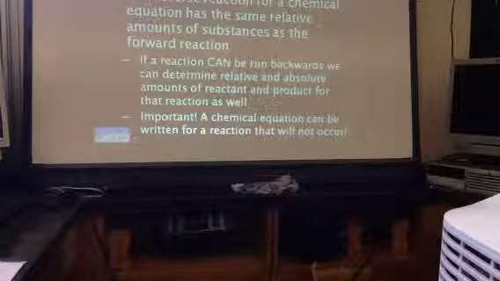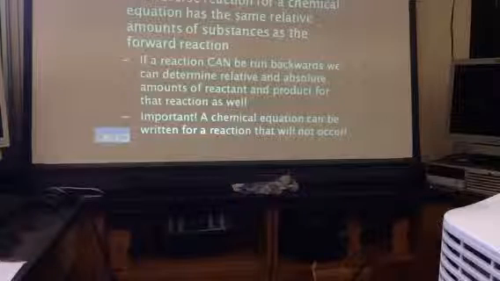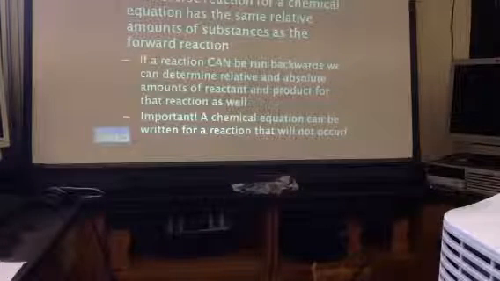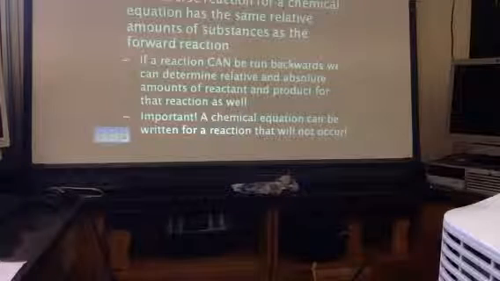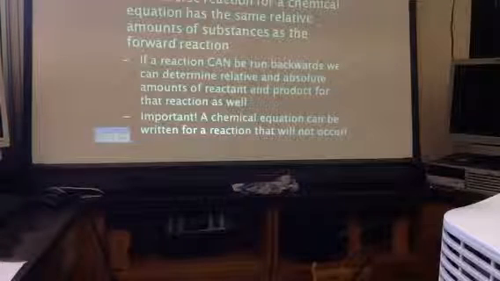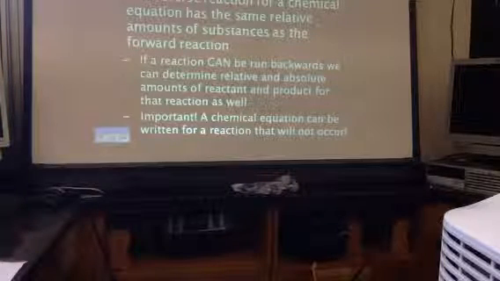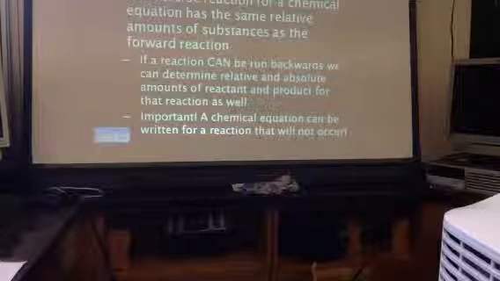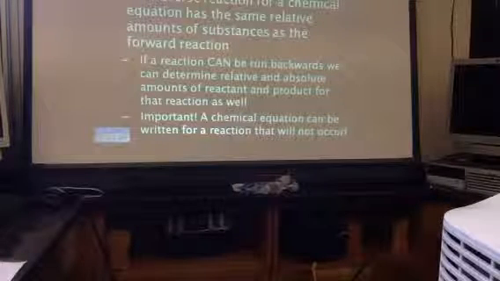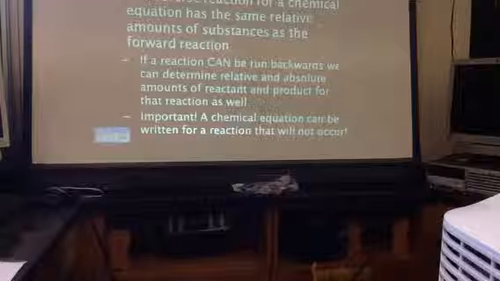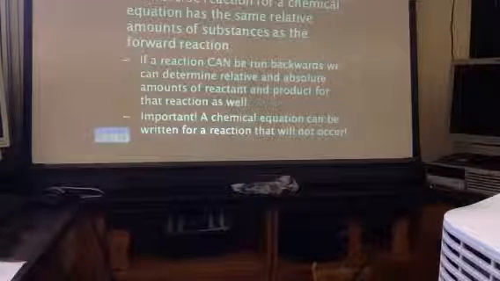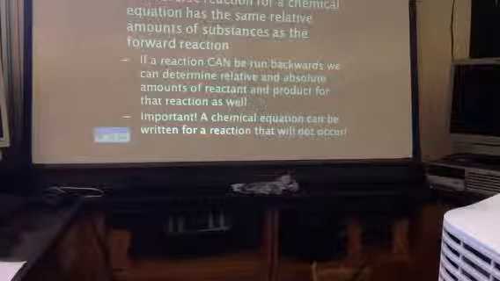You can write a chemical equation for something that's never going to happen. Like I said, we dropped aluminum in water a couple days ago. Remember that? Did it do anything? No. The aluminum in hydrochloric acid did. Could I write an equation that says that aluminum plus H2O yields aluminum hydroxide plus hydrogen gas?